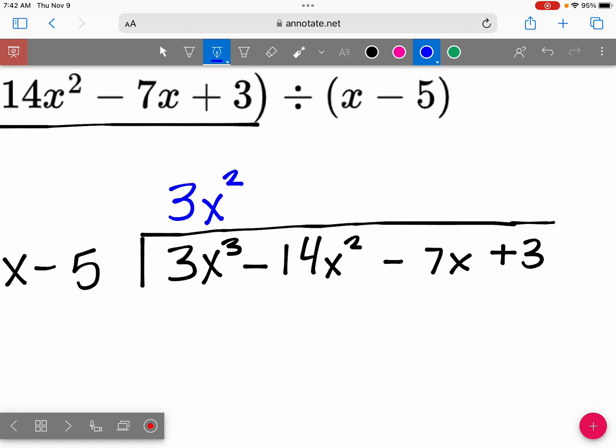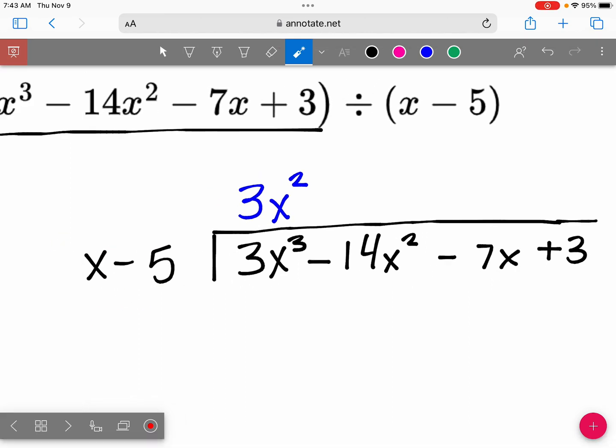We take our first terms and we divide them. That's the only thing different between doing it with polynomials and doing it with numbers, is we have to do kind of a baby division in the middle. Then we're going to take our 3x squared times this whole term, the whole guy, 5 included. So 3x squared times x gives us 3x cubed, genuinely the whole point of us doing that.